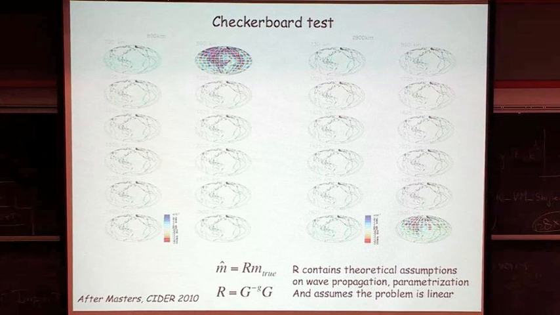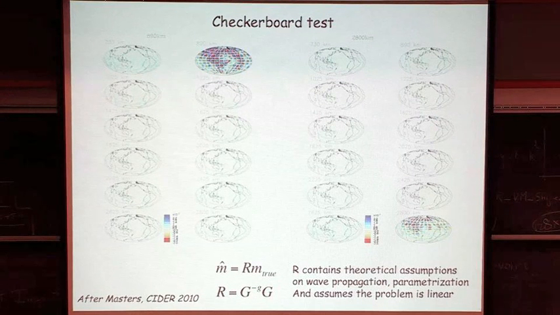The other thing is that, again, this resolution, people complain about checkerboard tests for various reasons. One of the main reasons is that you have some strong assumptions in this test. First of all, this resolution matrix depends on your G matrix, and remember the G matrix depended on your parameterization, on your theory.